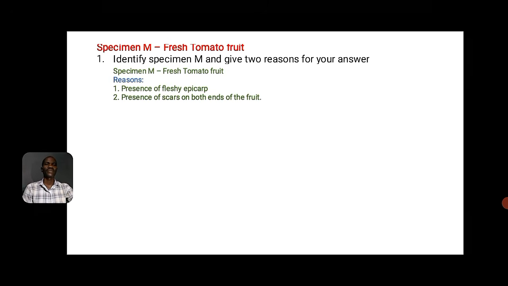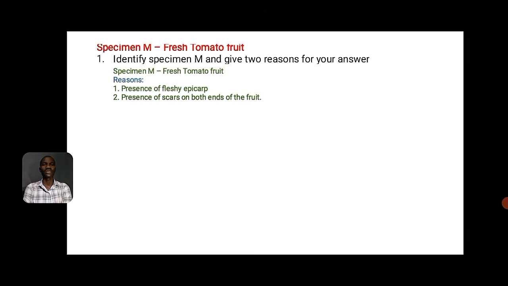So identify specimen M. Then the reasons. What are the reasons? Presence of fleshy epicarp. Number 2 is presence of scars on both ends of the fruit. So if you understand fruit, you will find out that there are always two scars. The one is the remains of the style, while the second one is the remains of the receptacle.